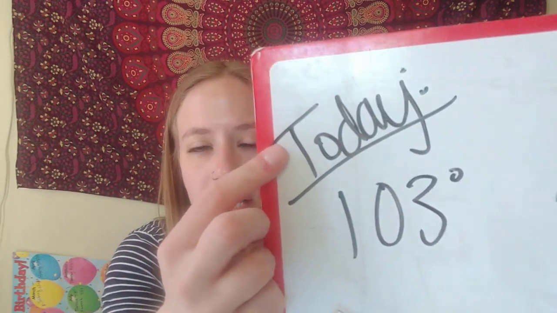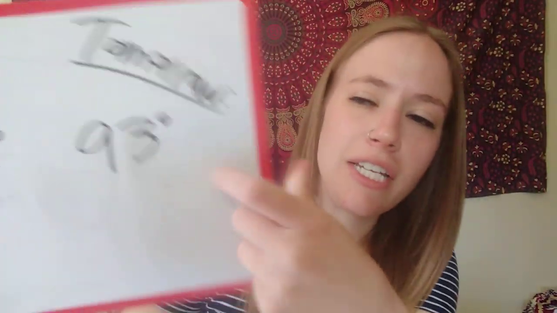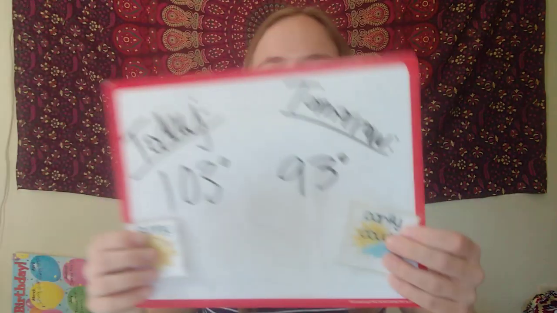Okay, so here we go. Today, a high of 103 and sunny. Tomorrow, a high of 93 and partly cloudy. So there we go. All right. Okay, so that is all that I am going to look at for the weather today, but you can continue to mark whatever special weather that you would like to check out.